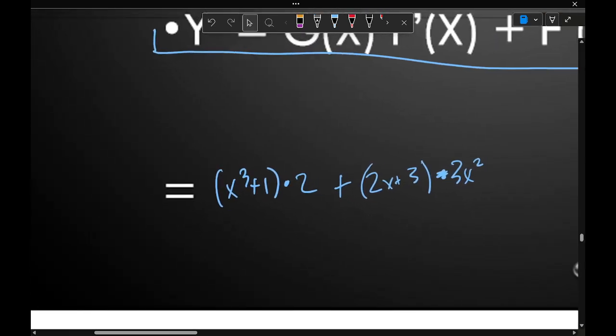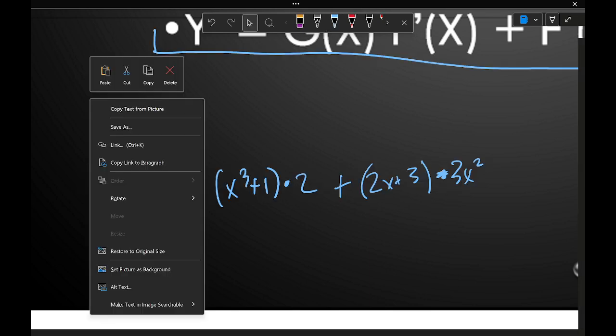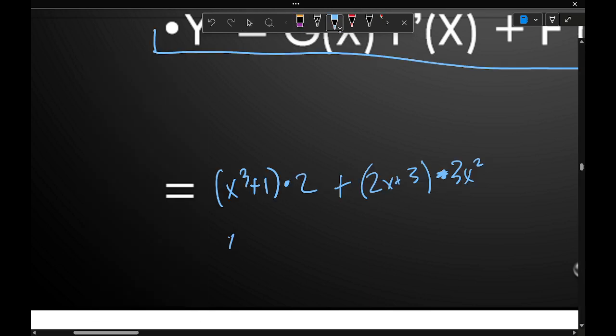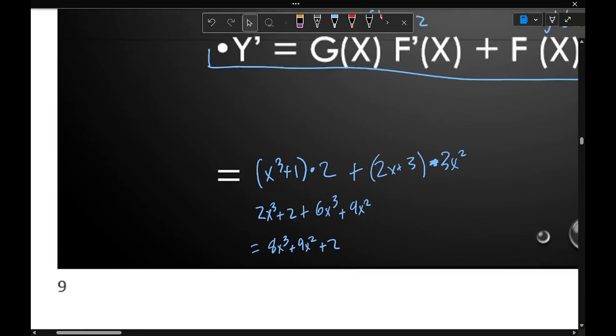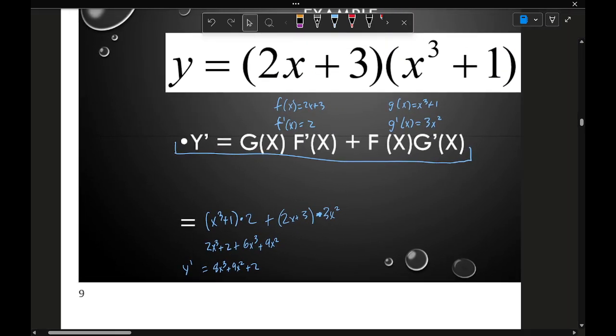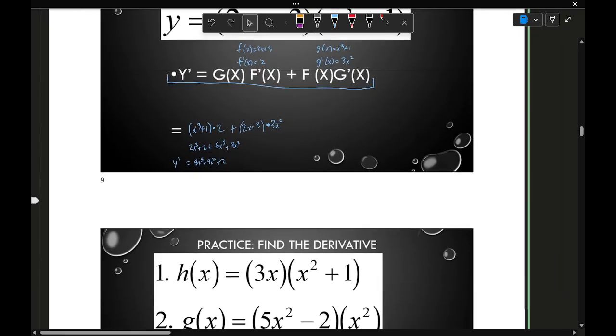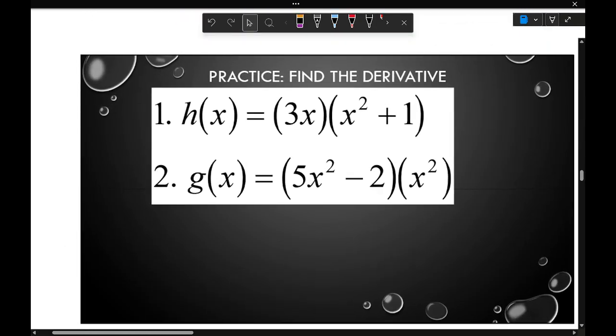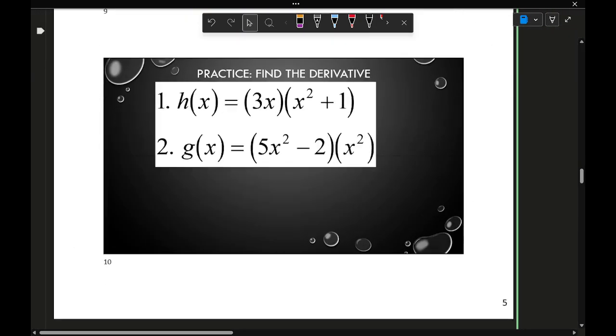And then once you distribute this all out, we get 2x cubed plus 2 plus 6x cubed plus 9x squared, which simplifies to 8x cubed plus 9x squared plus 2. And that is the derivative of y, or y prime. So, see, not too bad, right? Here are a few more examples you can do to practice on your own.